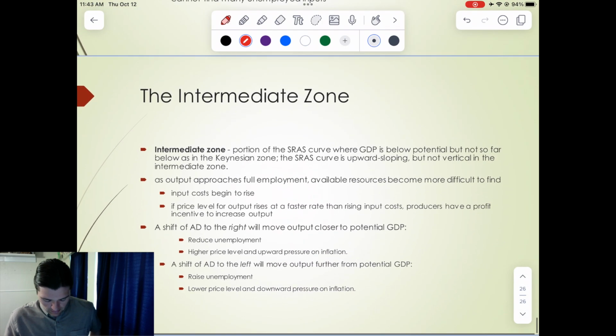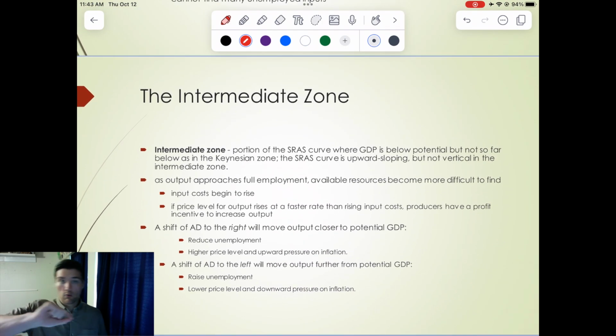The last one is the intermediate zone. So this is where most of the economy is hanging out. It's in this upward portion here, where you are kind of below your potential. So you still want to grow your economy, but you're not in the Keynesian zone. So you're not in the flat portion, and you're not in the neoclassical on the vertical region. So you are approaching full employment.